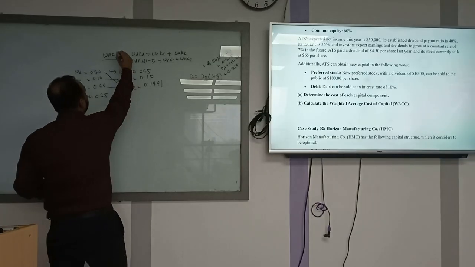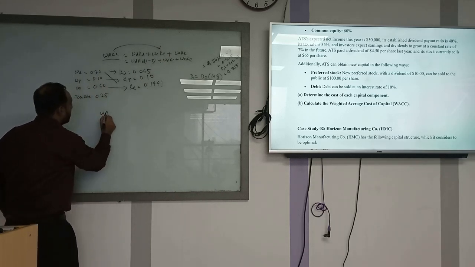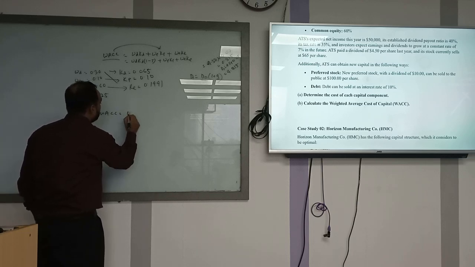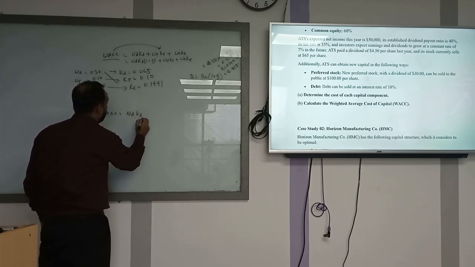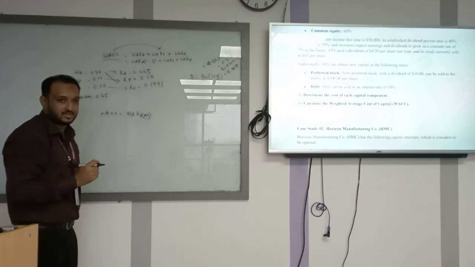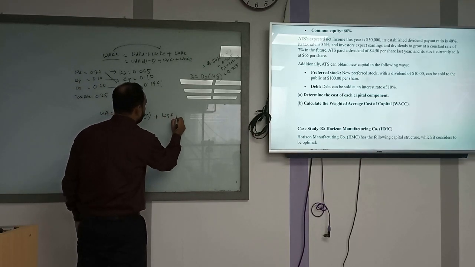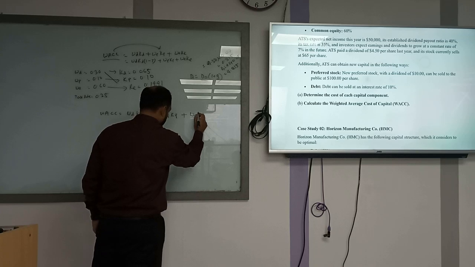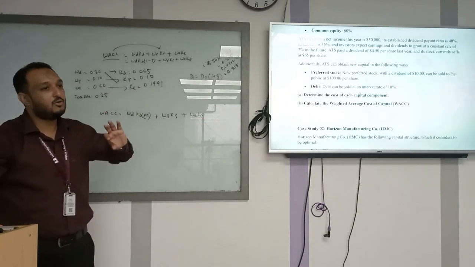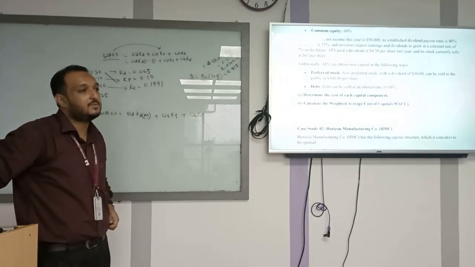Now I have to use this formula, WACC. So what is the formula? Wd into Kd, which Kd? Kd after tax, including the tax benefit, plus Wp Kp plus We Ke. In this case study there is no flotation cost; if there were flotation cost it would be adjusted to the price.